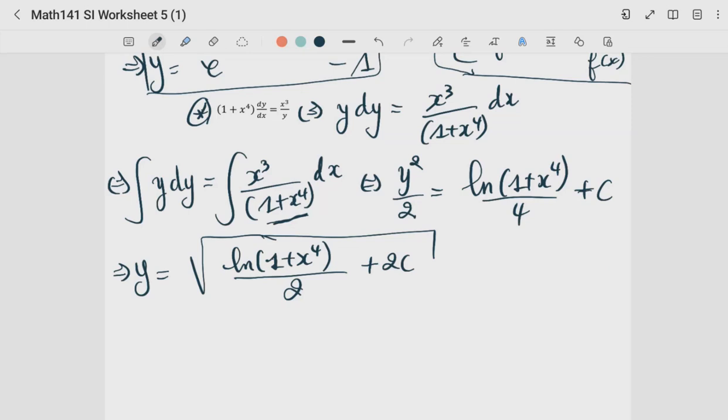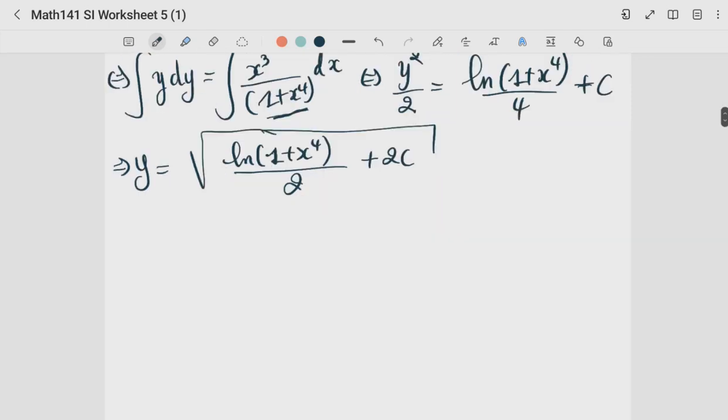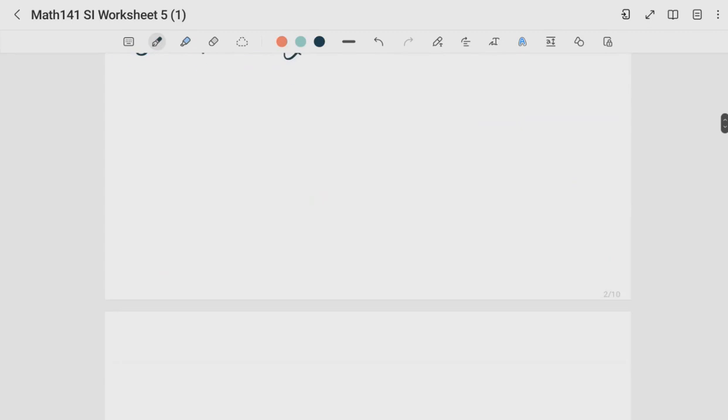Moving on to the next question, we have the equation dy over dx minus x times e to the y is equal to 2 times e to the y.